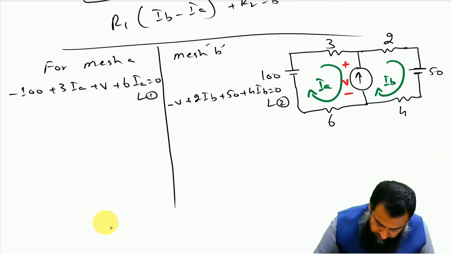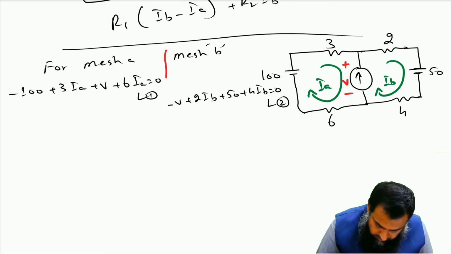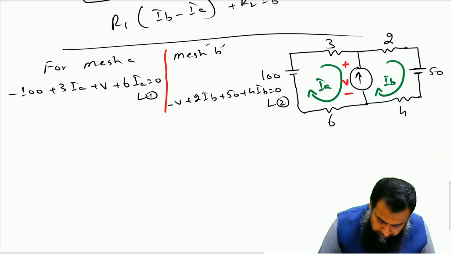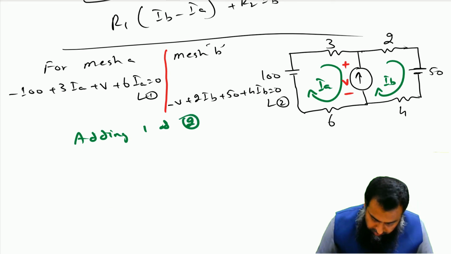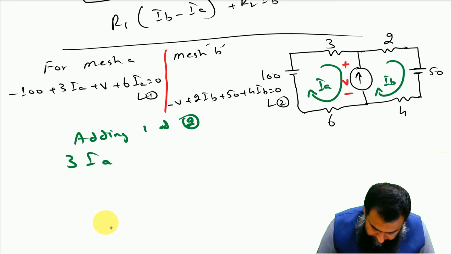So now, adding equation number 1 and equation number 2, I have 9 times IA plus V, that is equal to 100.